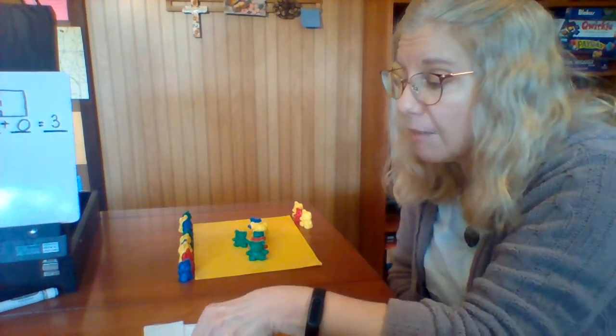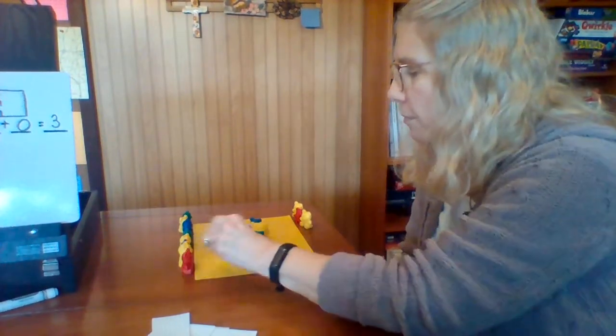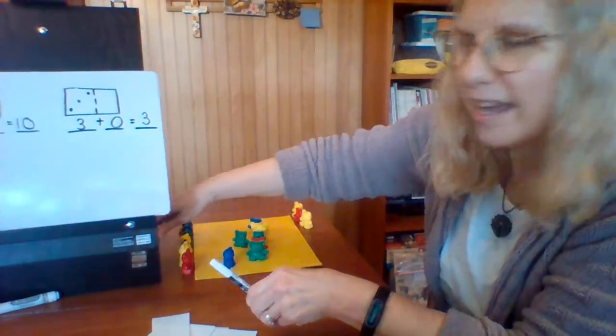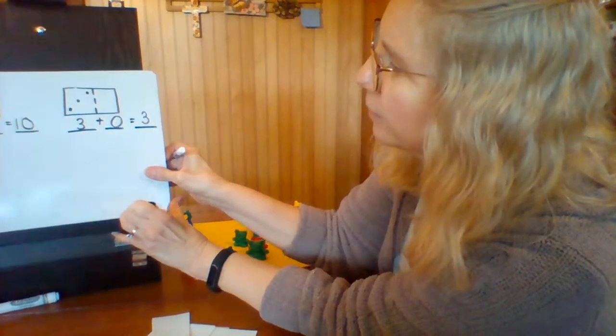And they want some of their friends to come in with them. And so let's see. Ooh, only one more. So we're going to put one more in. And we could do a number sentence with that, just like when we do number sentences with those.